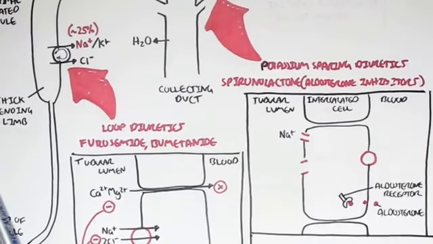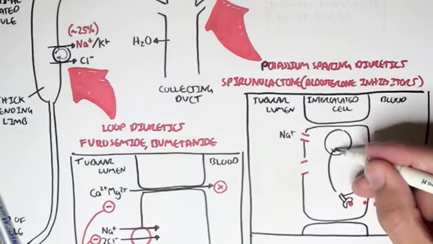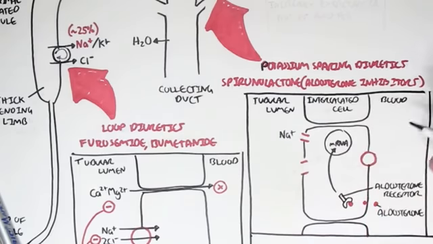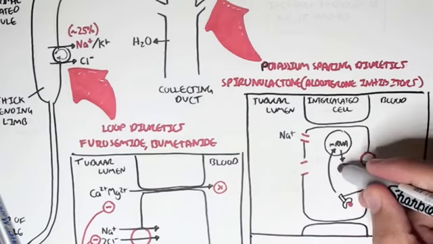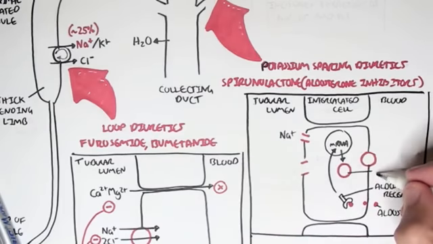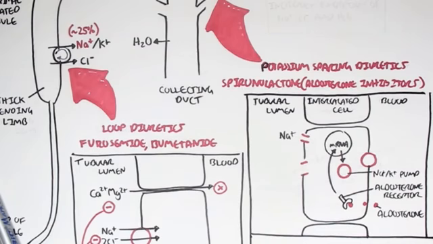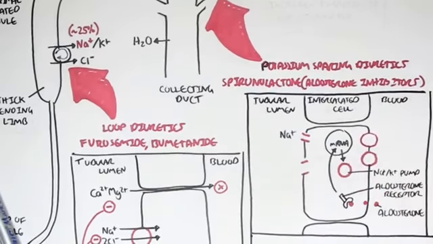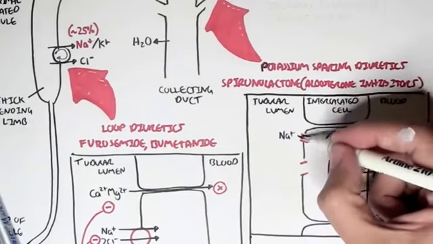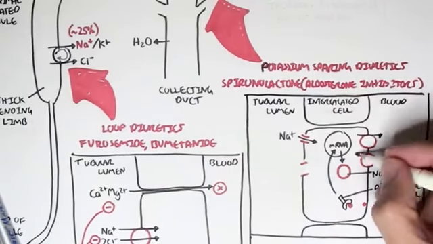The receptor will bring the aldosterone into the nucleus, where it will cause the DNA to make mRNA for sodium and potassium pumps. So here we have a sodium-potassium pump. This will go onto the surface of the cell next to the blood and will cause the reabsorption of sodium as well as the excretion of potassium.